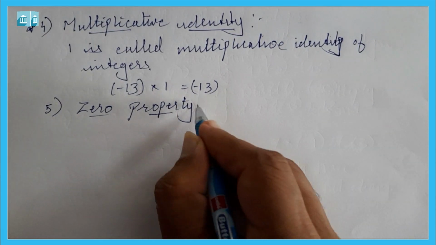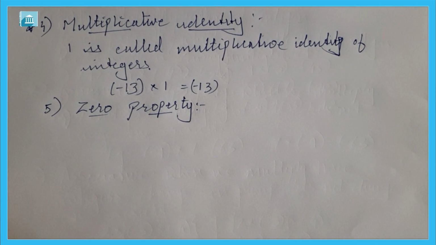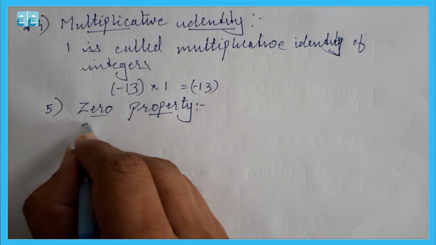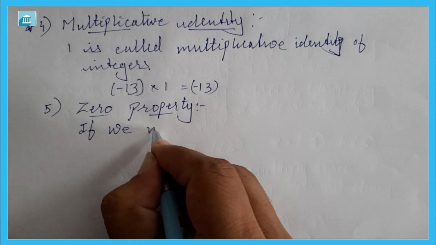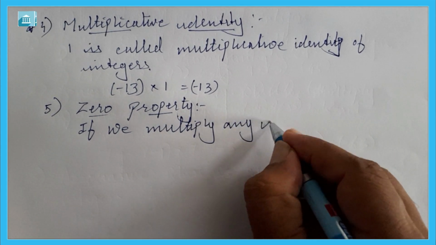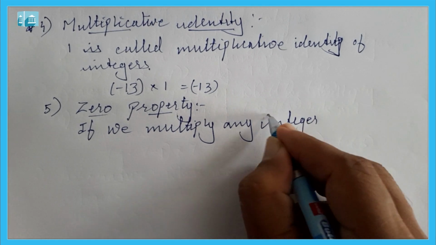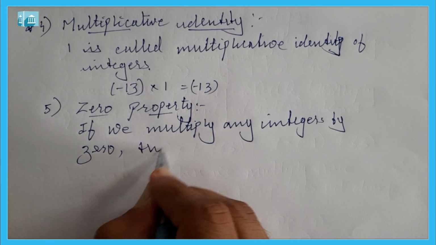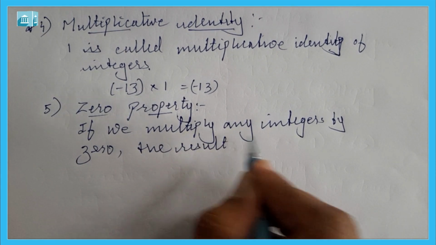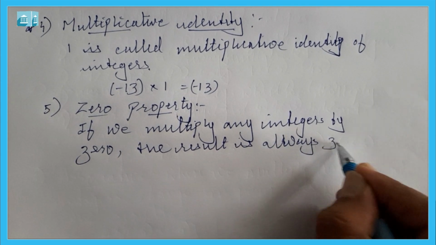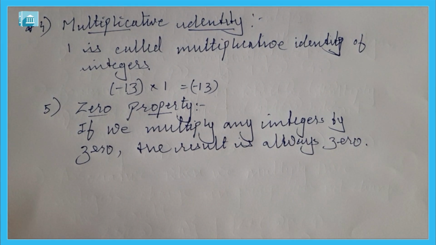Zero property says that if we multiply any integer by 0, the result is always 0. Any integer when multiplied by 0, the result is always 0.